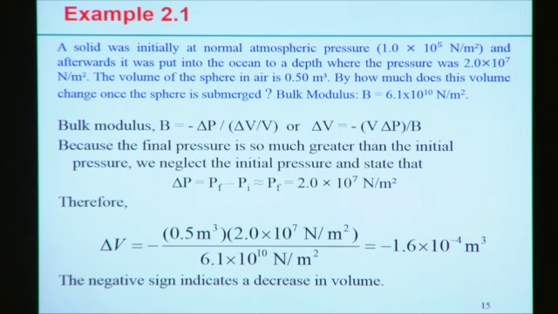The volume of the sphere in air is 0.5 meter cube. But now we need to estimate how much the volume changes once the sphere is submerged into the water from the atmosphere. So the bulk modulus is also defined here.